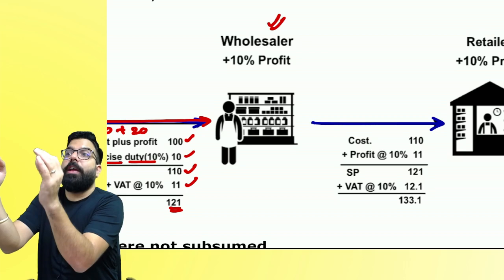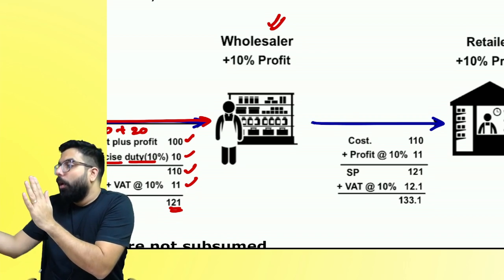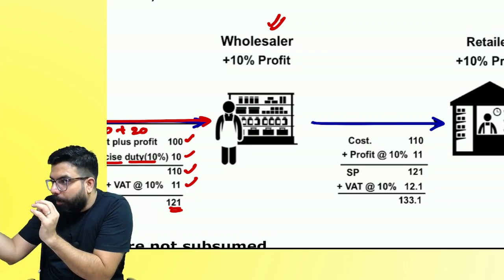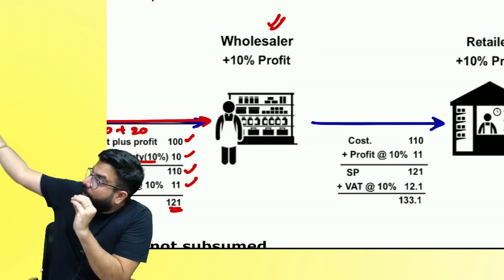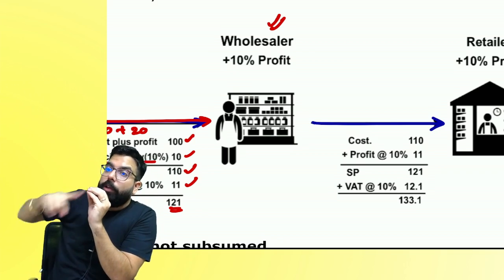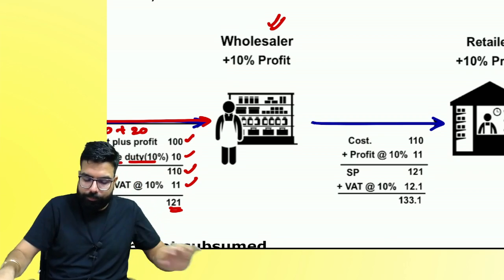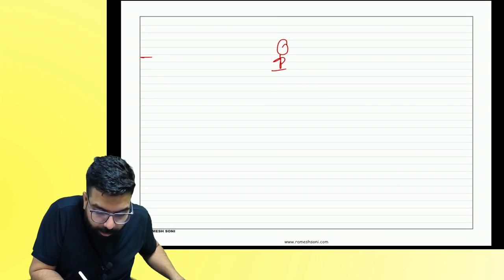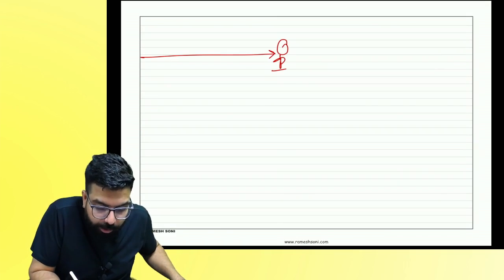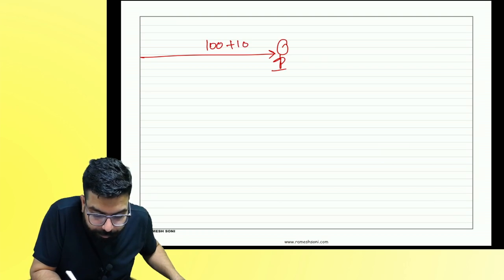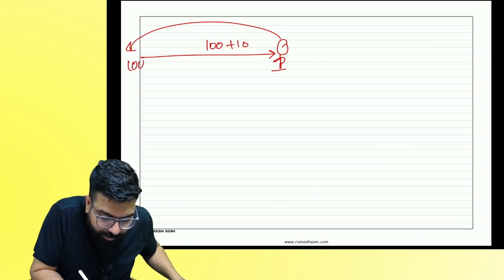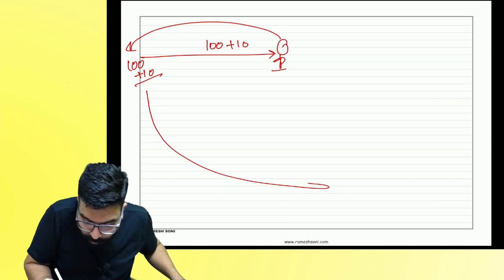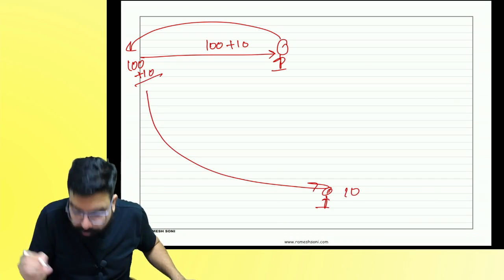People, listen to me very carefully. I am one shopkeeper, I bought the goods from you, you charged me 100 rupees plus tax, and you paid the 10 rupees to the government, okay?